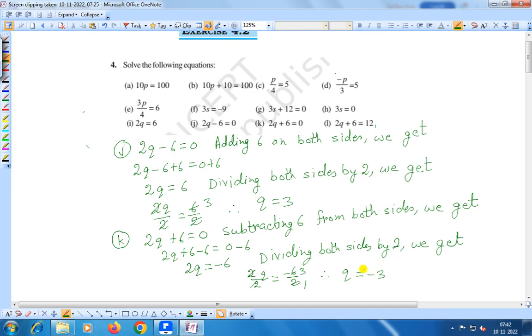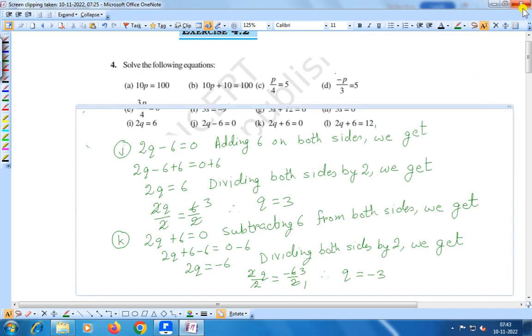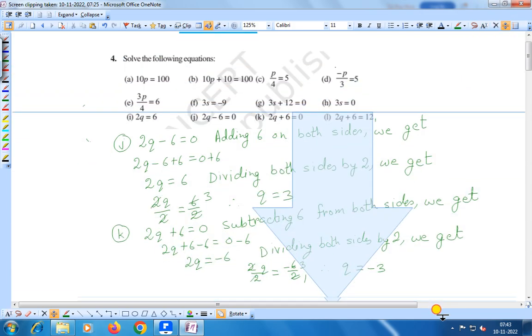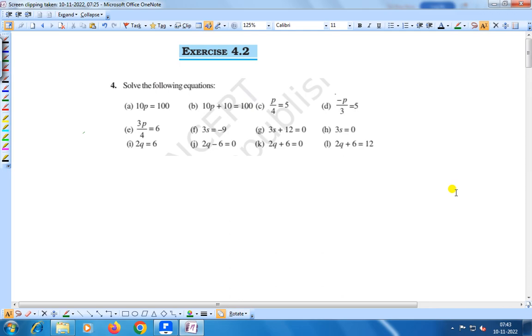Now we will solve question number L. Question number L is 2q plus 6 is equal to 12.